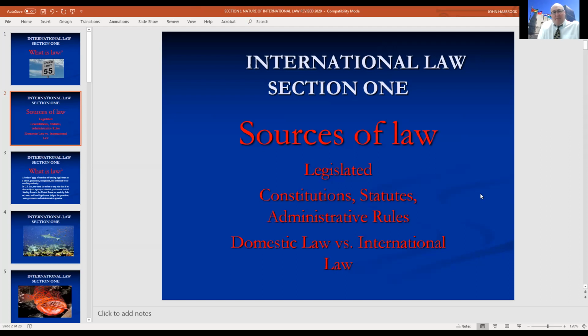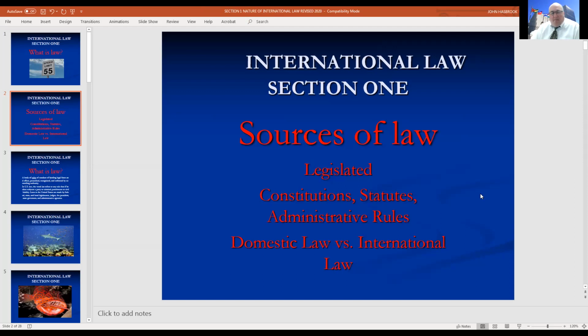And that's one of the fundamental powers of a government, to be able to make law. So here in the United States, of course, we have Congress at the federal level. Every state has a legislature. Cities and counties all have the ability to create law through a legislative type process.